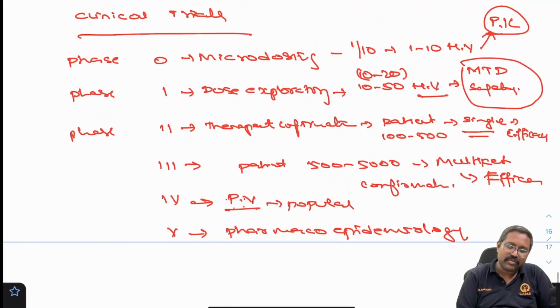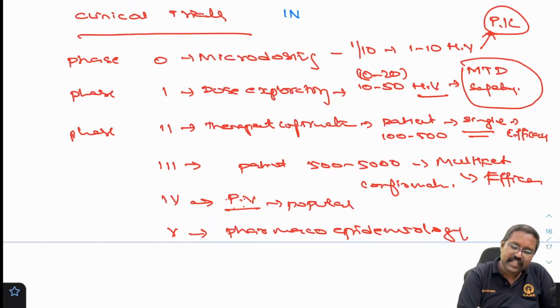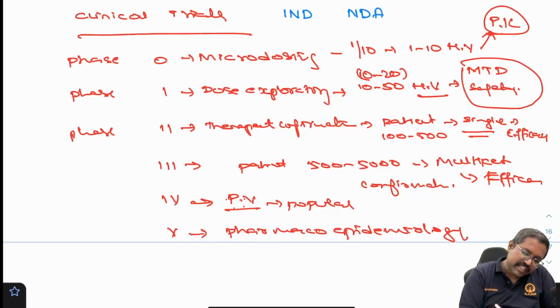So in this question, what they will ask is where do you apply for the investigational new drug and the new drug application. The investigational new drug is applied just before phase 1.